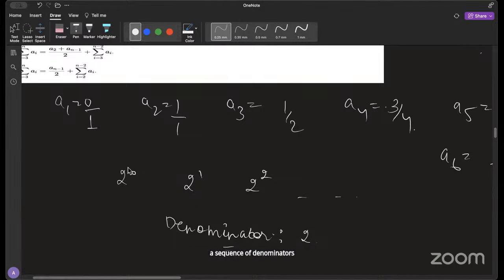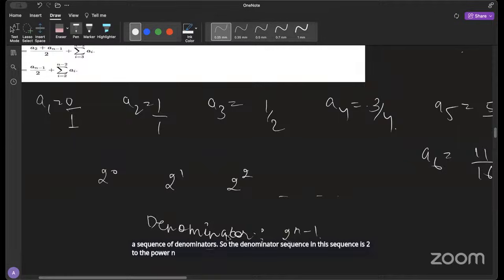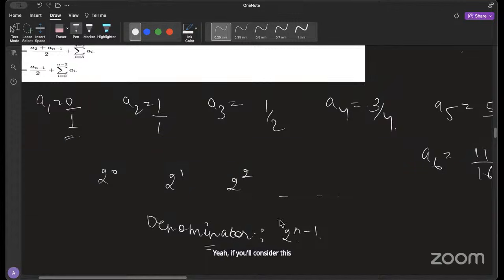So the denominator sequence in this sequence is 2 to the power n minus 1 actually. If you consider this, forget this one, and consider this from the second one, then you'll have 2 minus 1.